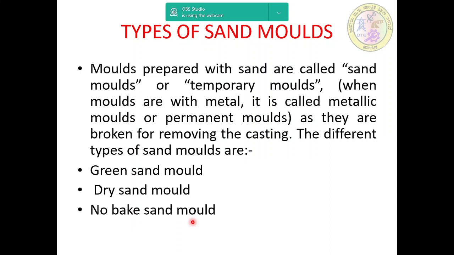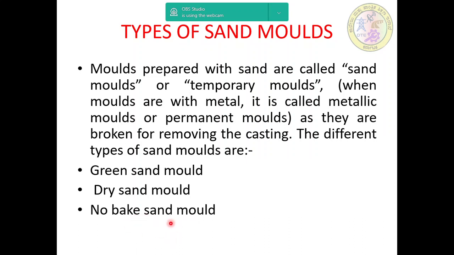The bonding strength developed in molds is by means of a self-setting chemical reaction between binder and hardener. In some cases, a catalyst or an accelerator is added to speed up the chemical reaction.